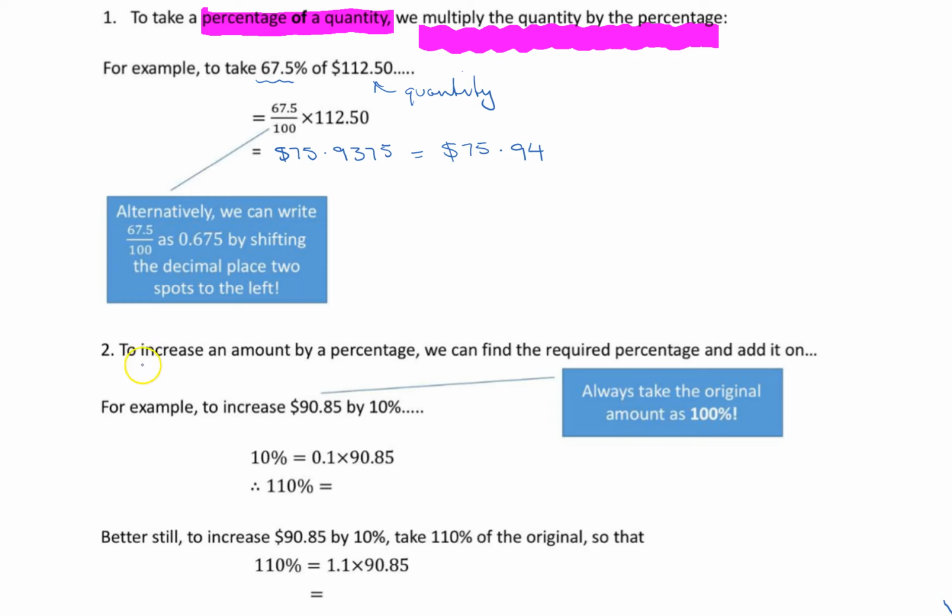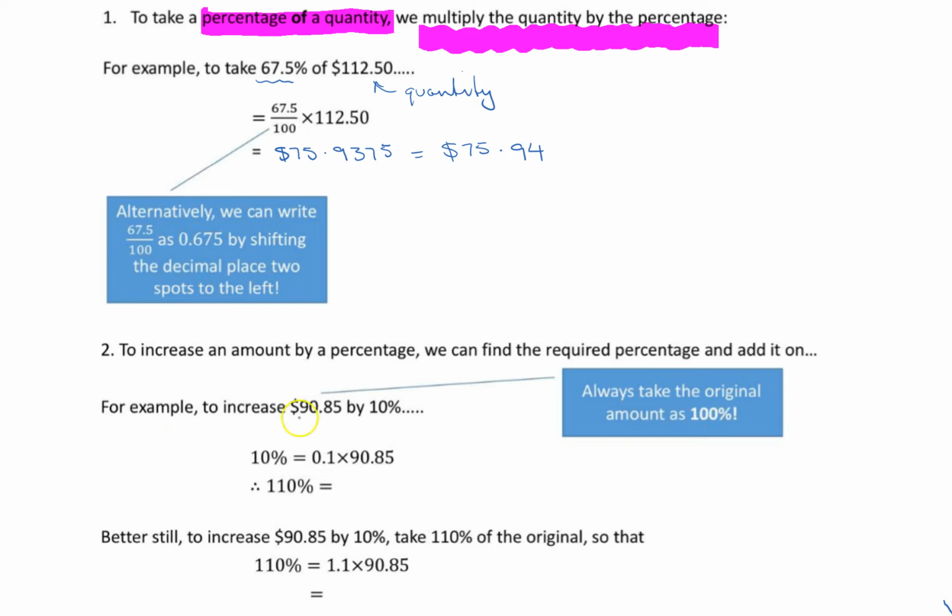Now, point 2 is very similar in that we will follow a very similar process mathematically. However, we're going to increase an amount by a percentage. One way to do that is to find the required percentage, just like we did up here, and then simply add it on.